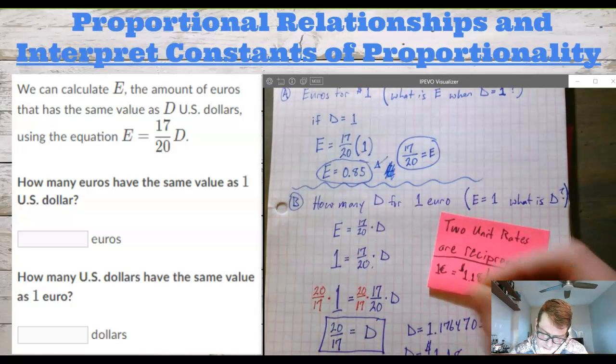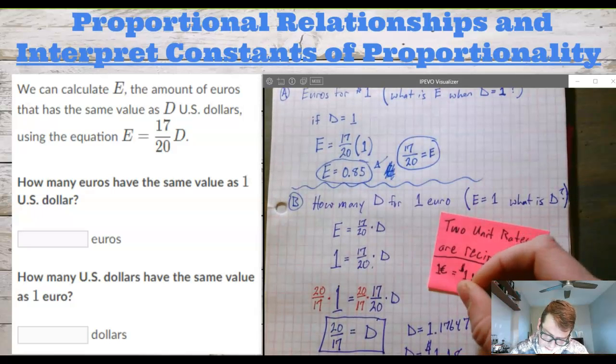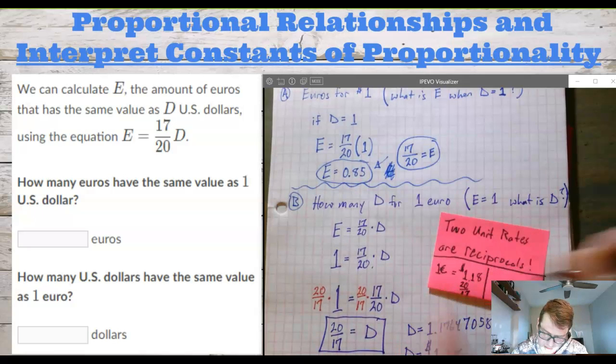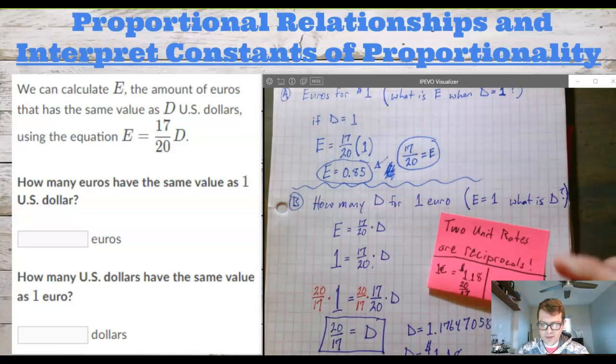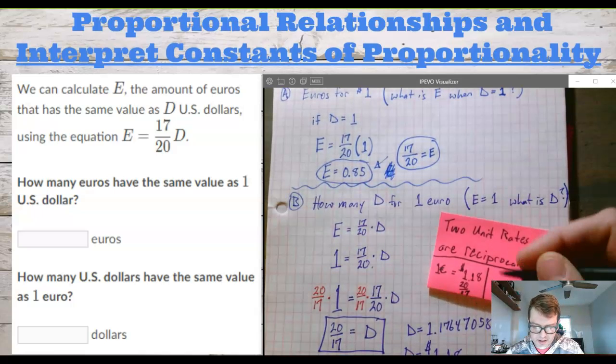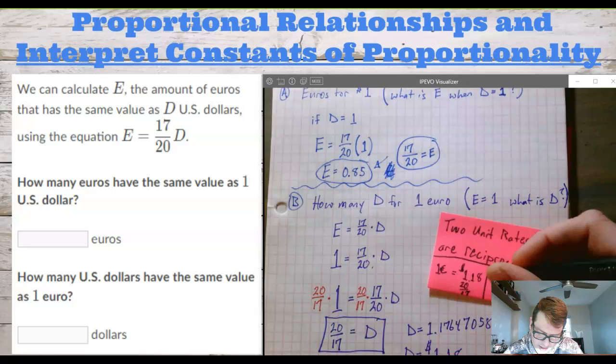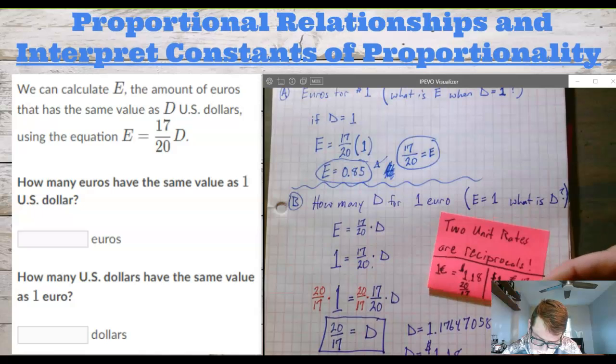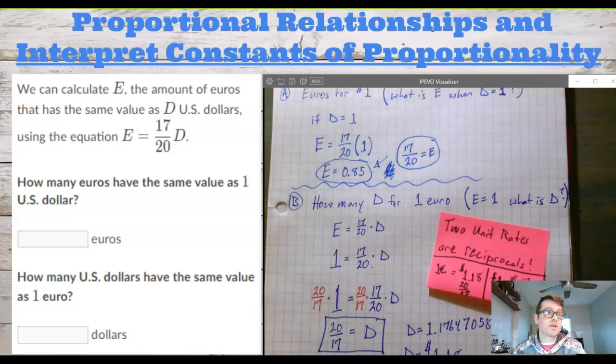But really what that number is, 20/17. That just doesn't make sense to you guys when it comes to money, probably. So 20/17 versus $1 was 17/20ths, or 0.85. They're reciprocals of each other.